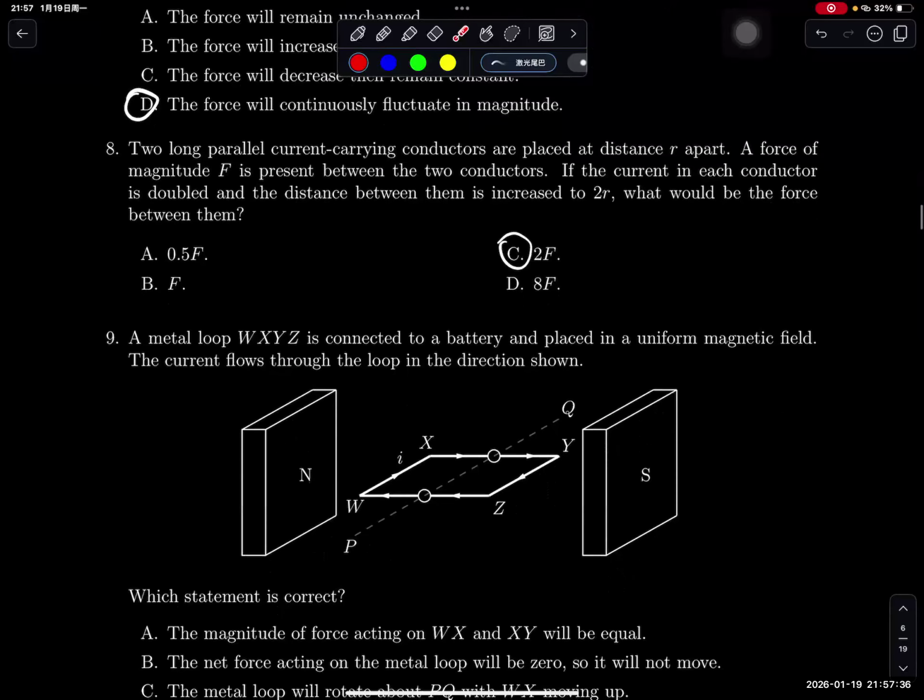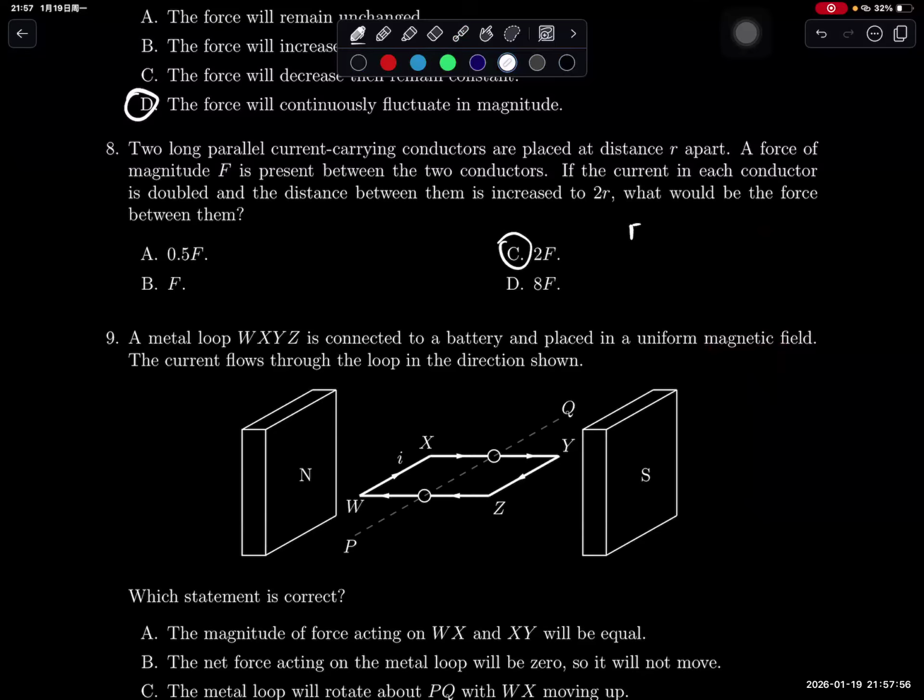Question 8. Two long parallel current-carrying conductors are placed at a distance r apart, and a force of magnitude F is present. If the current in each conductor is doubled and the distance between them is increased to 2 times the original, what would be the force between them?